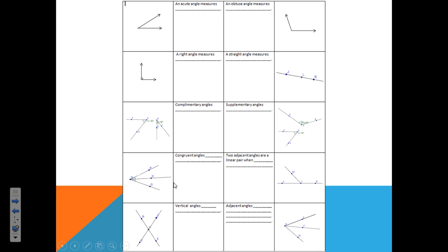And we're going to fold just that first column in on each side. Fold that first column in so that you can see acute and obtuse at the top.